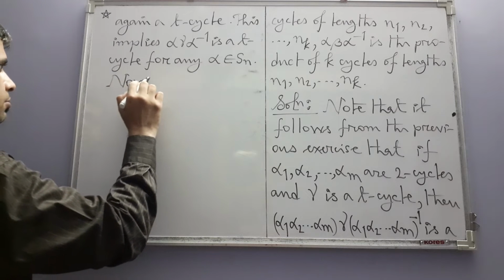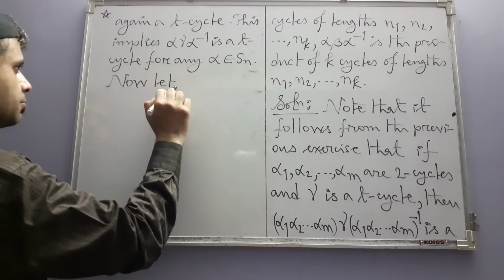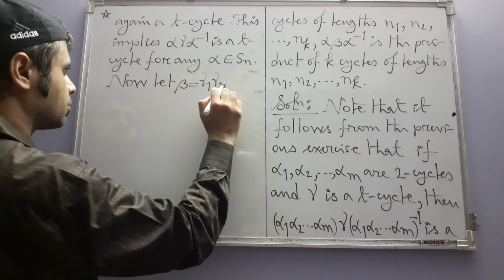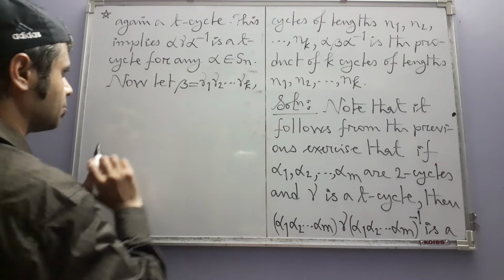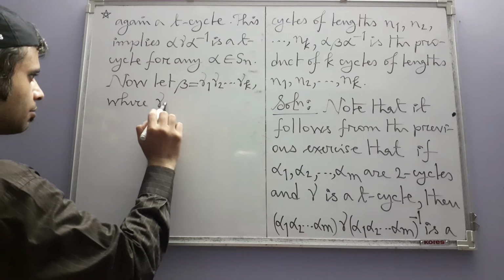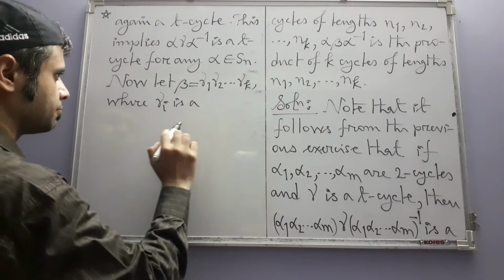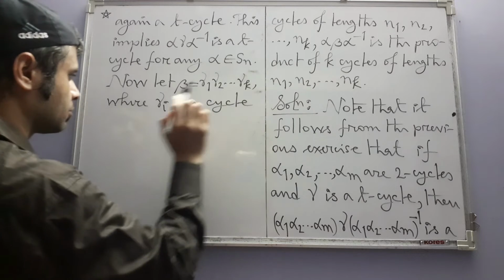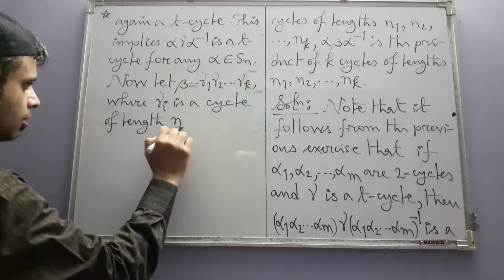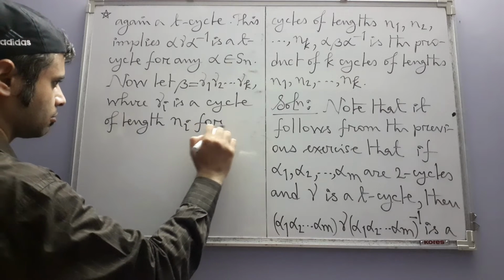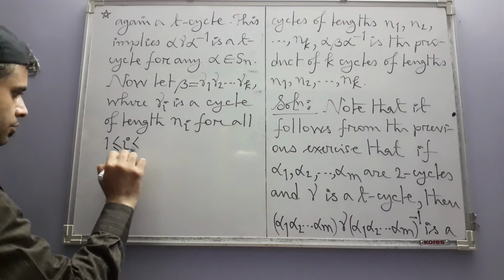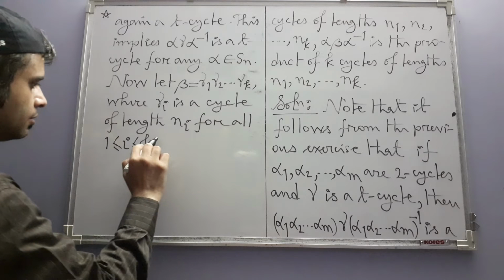Now let beta be equal to gamma 1, gamma 2, gamma k, where gamma I is a cycle of length ni for all the variations of I, that is from 1 through k.